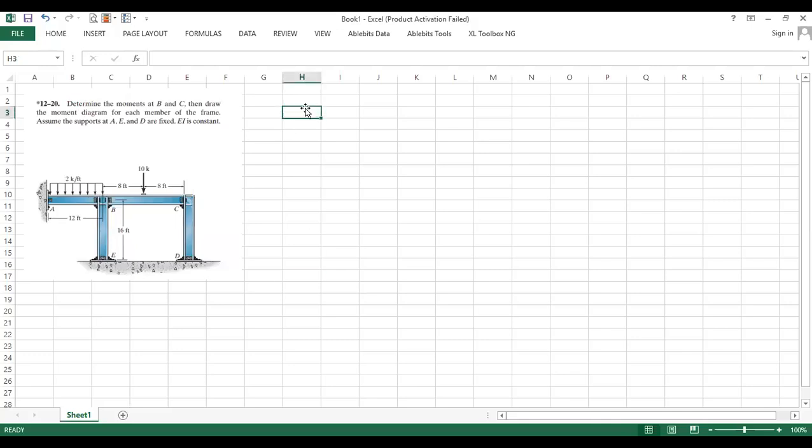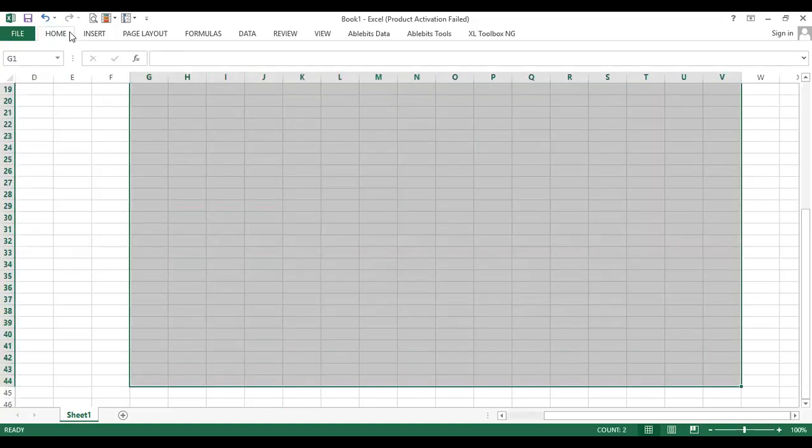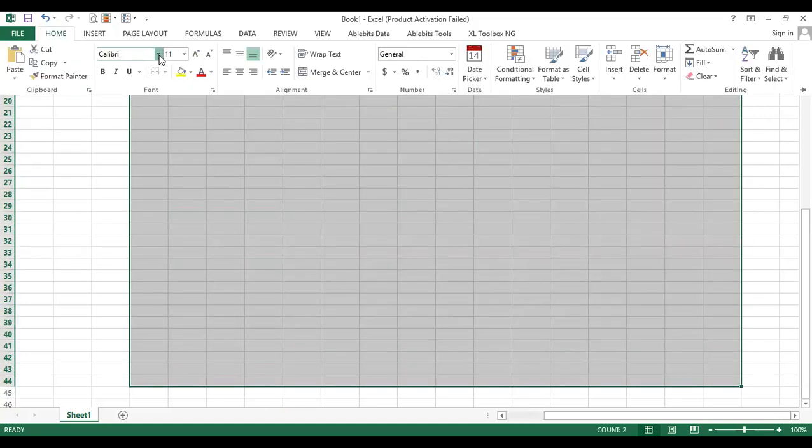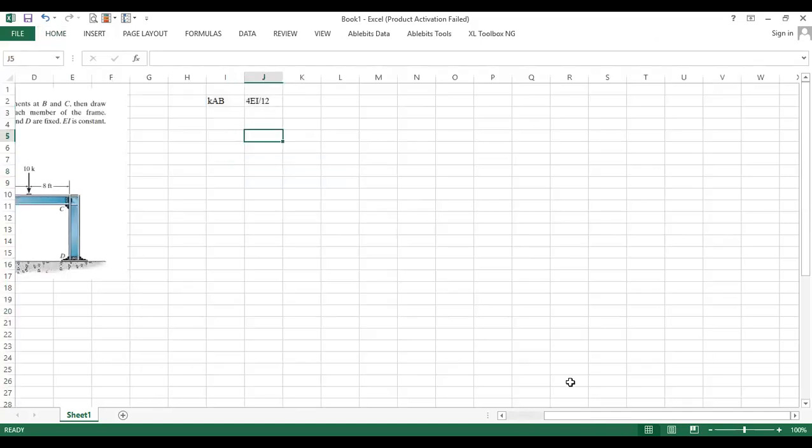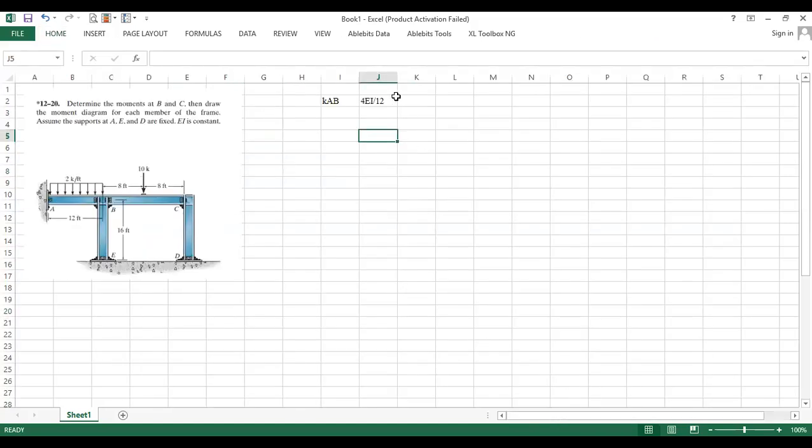So we can determine stiffness. AB is what? It's 4EI over L. That's going to be 4EI over 2L. Right? 4EI over 2L.